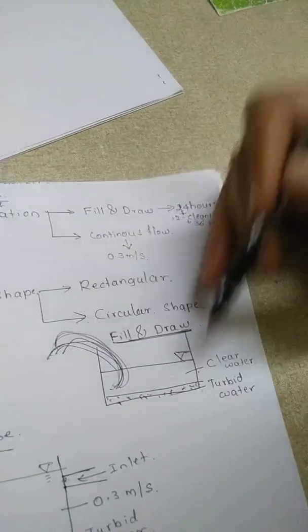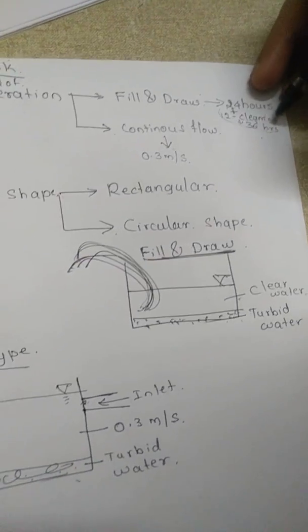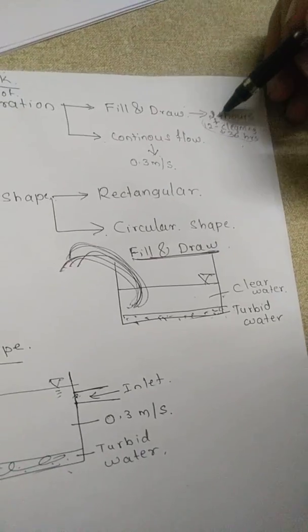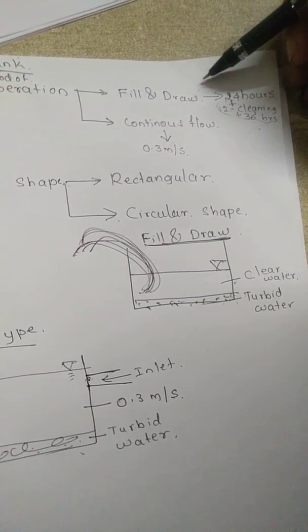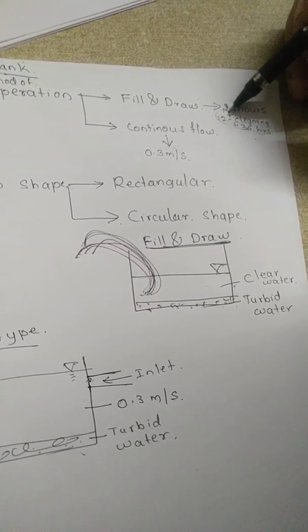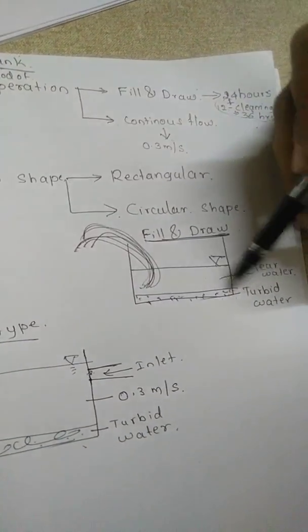For this cleaning, how much time do we require? We require around 12 hours for cleaning. So 24 hours for settling the particles and taking the water out, and then again for the cleaning process, the removal of turbid matter, we are going to take 12 hours.